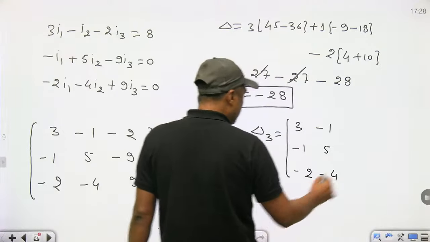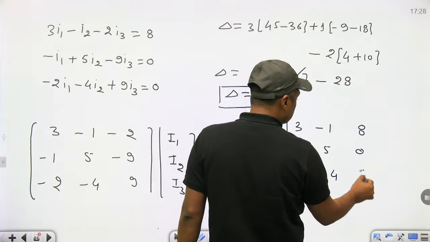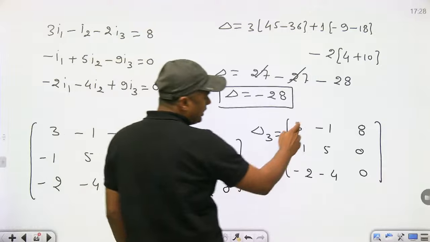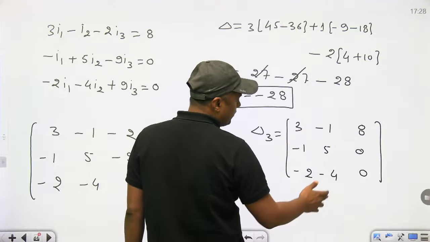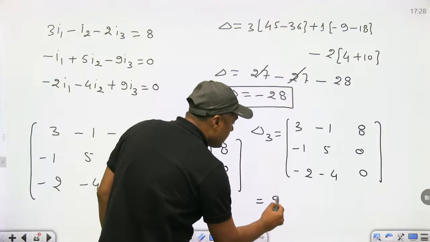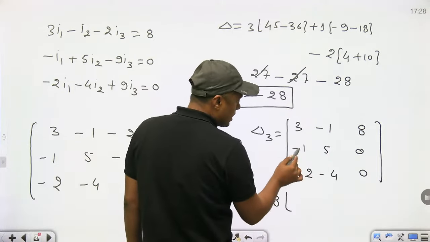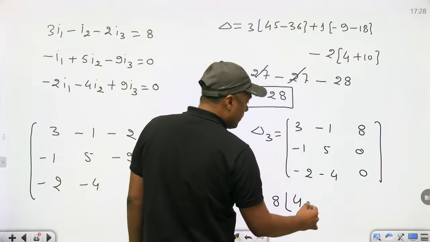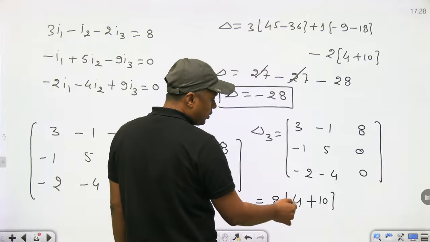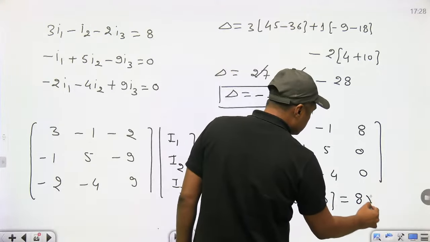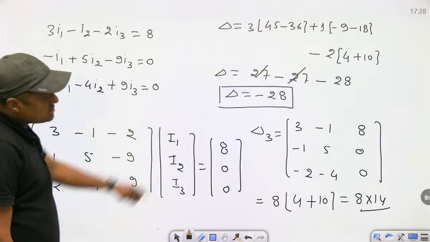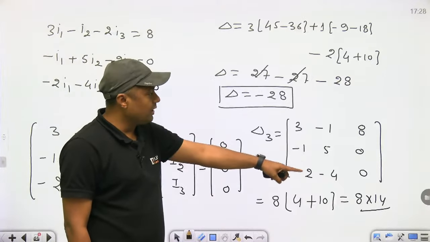In this place you can put 8, 0, 0. Right? Now watch this. When we take the 0, multiply 0, finished. Then we have to find only this one. So what is this? 8 into, this is 4 plus 10. Then this is 14 into 8. This is del 3.